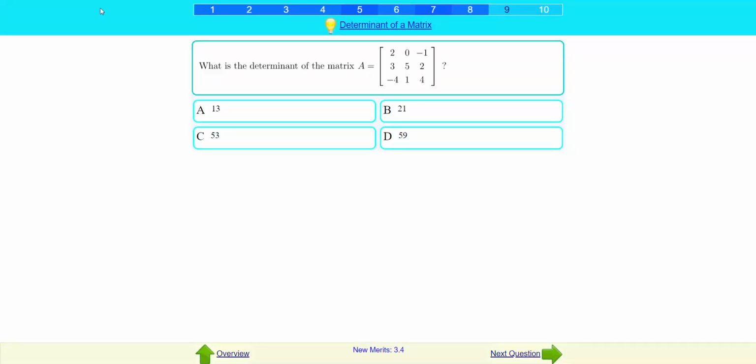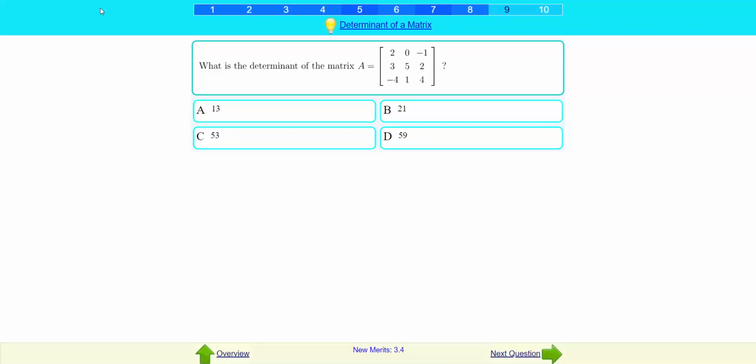So let's solve this again. It really does take a lot of paper. So we have 2, 0, and negative 1, and then we have 3, 5, and 2. We also have negative 4, 1, and 4.